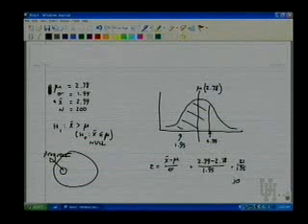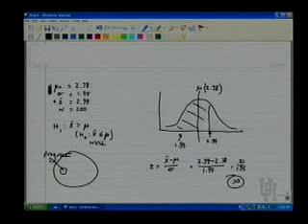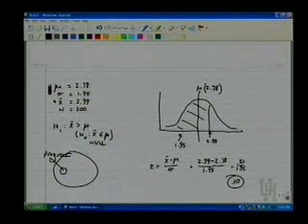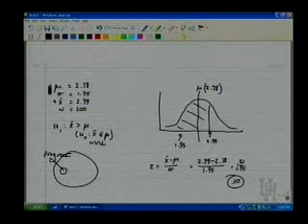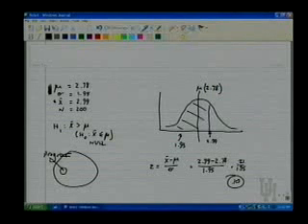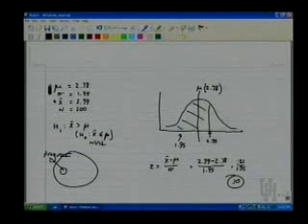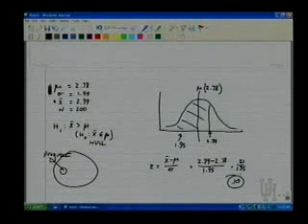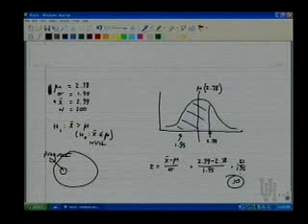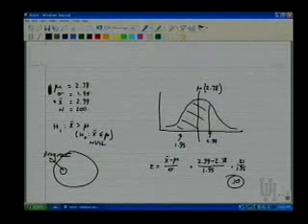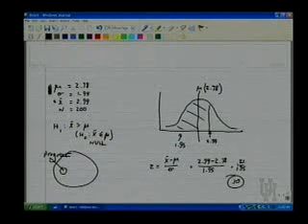Would you agree? 1.95 is almost 2, so 0.21 divided by almost 2 is almost 0.10, somewhere around there. I can't do this math in my head, and it's unnecessary.